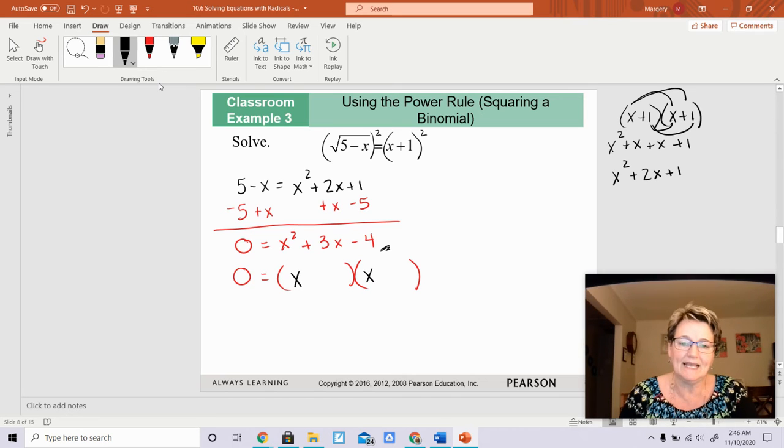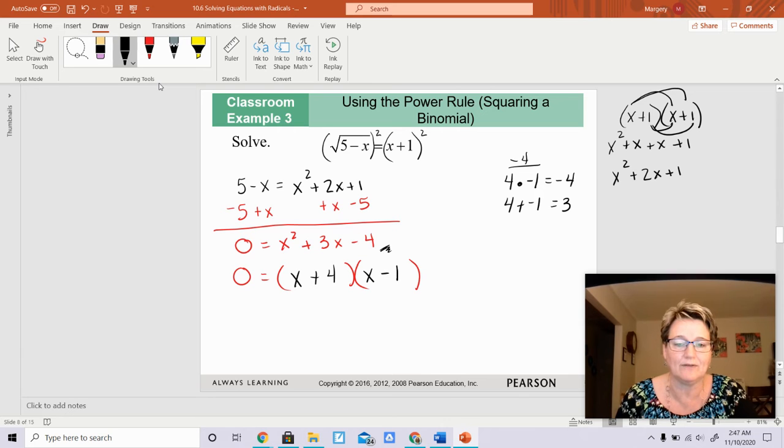Now I have this negative 4 over here. I need to find two numbers when multiplied together give you negative 4, but when added together give you 3. I'm going to do 4 times negative 1. That gives me negative 4. And I know that 4 plus negative 1 gives me 3, and that's my middle term. So this is going to be a positive 4, and this is going to be a negative 1.